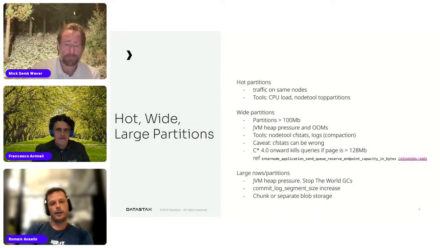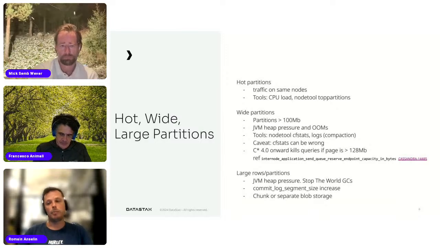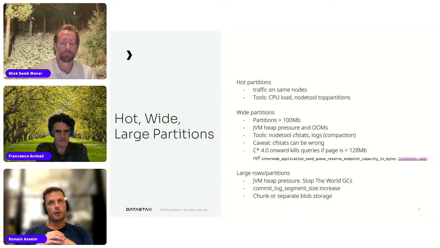And so it doesn't matter if you have 3 nodes, 10 nodes, 100 nodes, 300 nodes or more. Hot partition will always give you that problem of creating a funnel to a specific set of your environment. Wide partitions is different in that it's the way you create your data in your partition key.